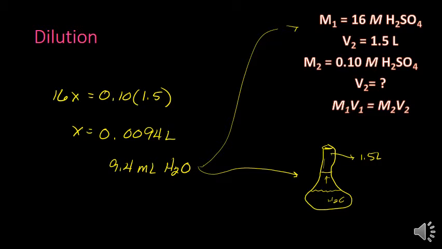Let's see, 1490.6 milliliters of water. Oh yeah, somebody should have yelled at me for that one. H2SO4. And then I would add the acid to it to give me a final volume of 1.5 liters.